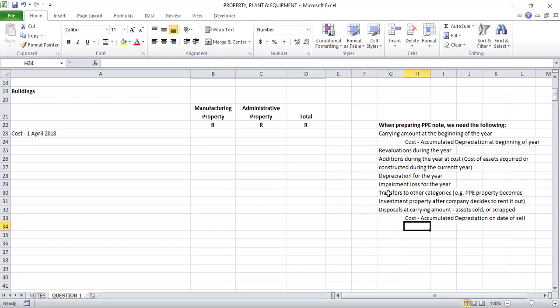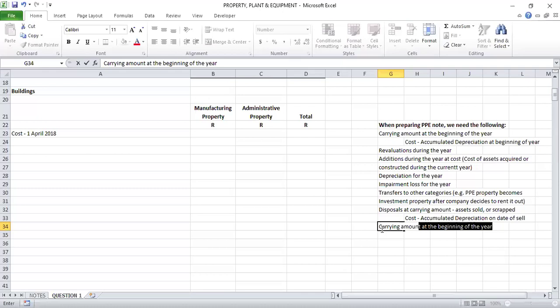Right. Then we now need our carrying amount at end of year, which is our cost minus accumulated depreciation at end of year. Right. So these are the things that you need to do the PPE.